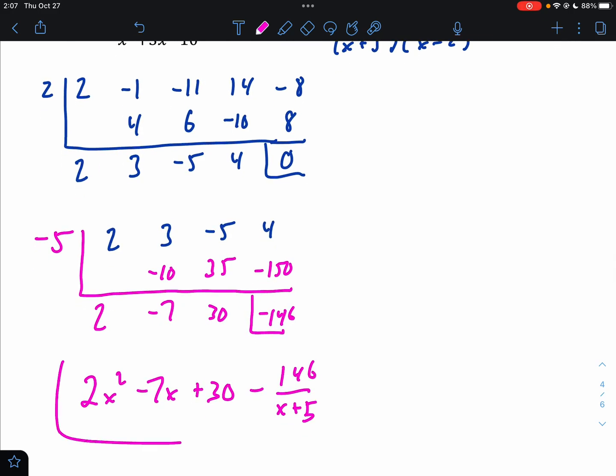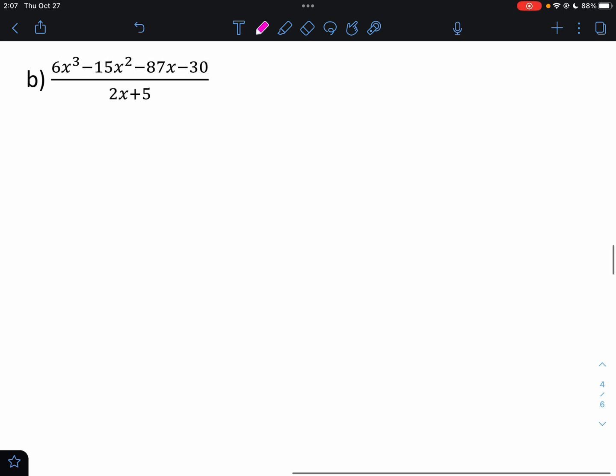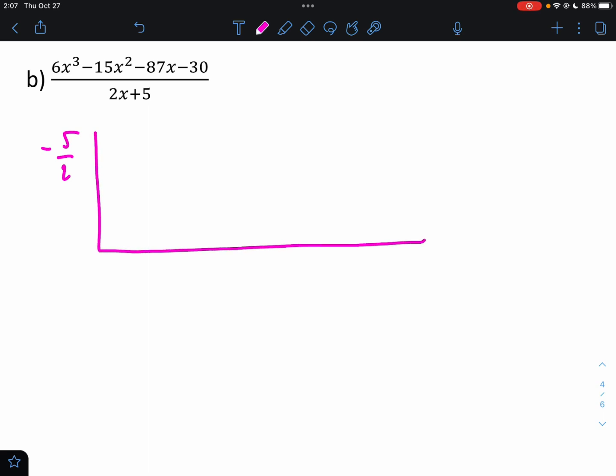All right, and then let's take a look at one more. So remember, the 0 here is going to be negative 5 halves. So we're going to go negative 5 halves, 6, negative 15, negative 87, negative 30. Bring down the 6, multiply, that would be negative 15.